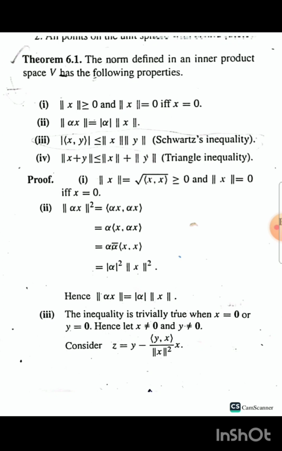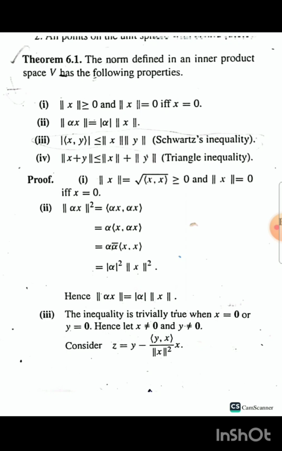And the second one, the norm of alpha x squared is equal to, first we write the norm in the form of an inner product. So the inner product of alpha x comma alpha x. Take alpha outside for the first term. In the second term only we have to take a conjugate.